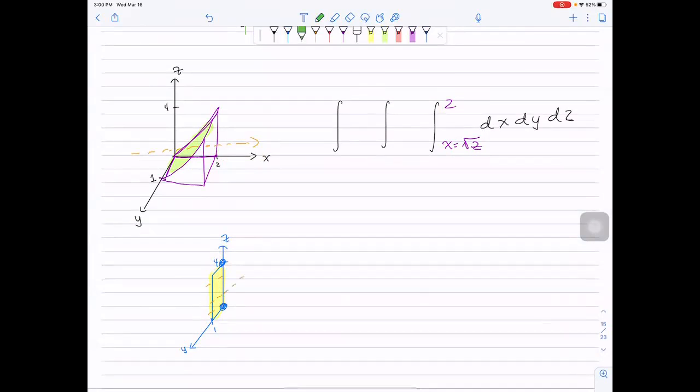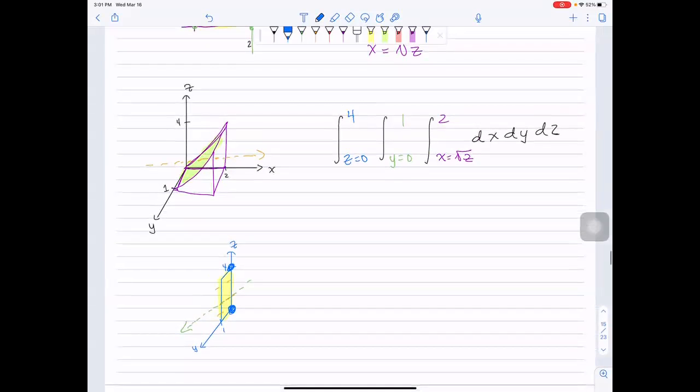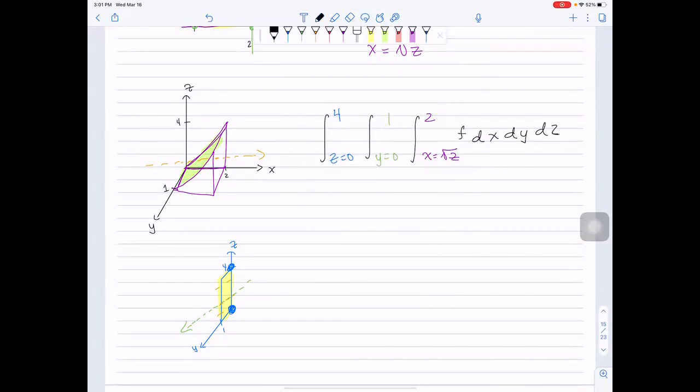So write a line in the increasing y direction. y starts at 0, exits at 1. Out of all those lines, what is the smallest z value? That's 0. Largest z value is 4. So this would be the reordering of your integral.